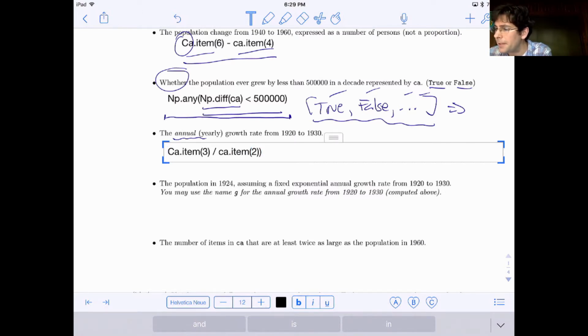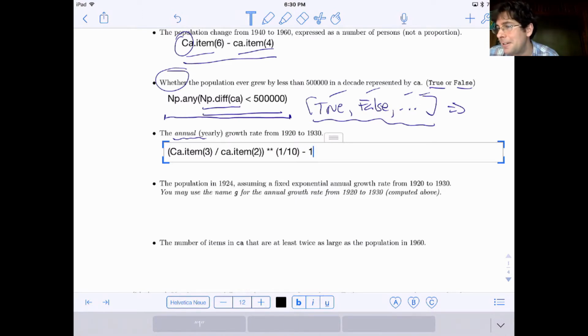And an annual growth rate is computed from a decade-long growth rate by raising this to the 1/10 power, because we want a growth rate that, if it was compounded 10 times, would give us the decade-long growth rate. And then you have to subtract 1.